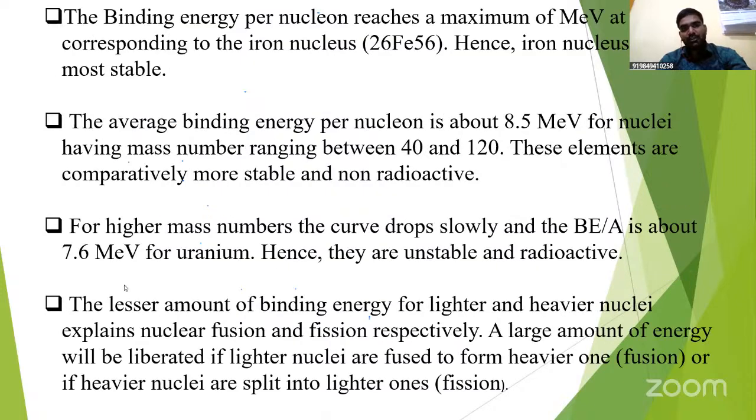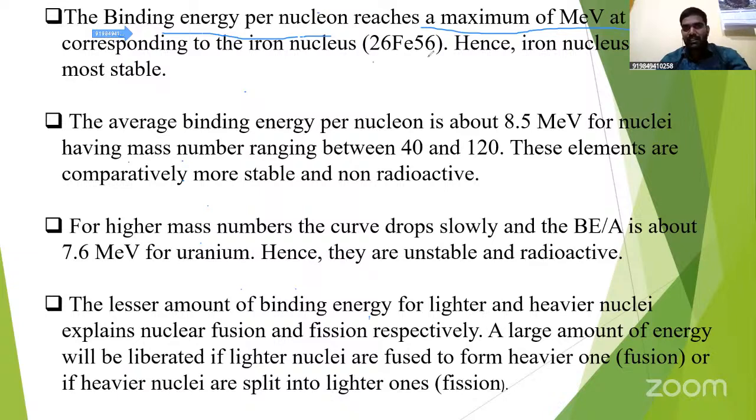The binding energy per nucleon reaches a maximum of about 8.8 MeV at A equals 56.